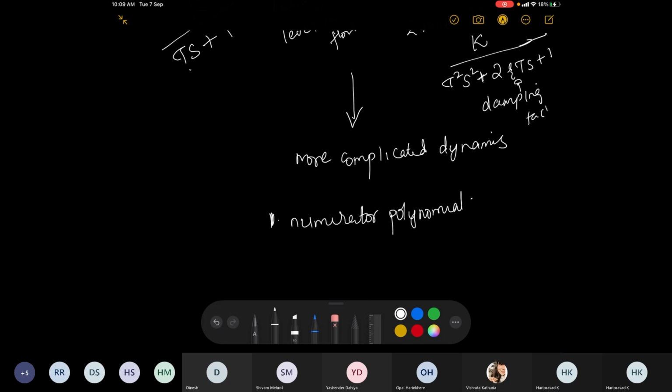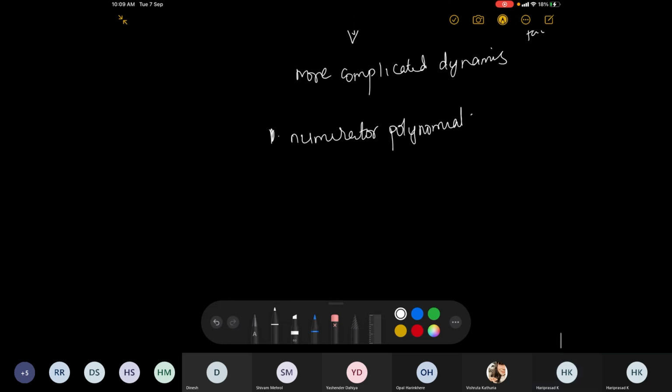Okay. This could be one of the reasons, because then you would have some more terms in the numerator. And second could be presence of irrational terms. Irrational in the sense that they are not polynomial. They are not reconcilable as polynomials.